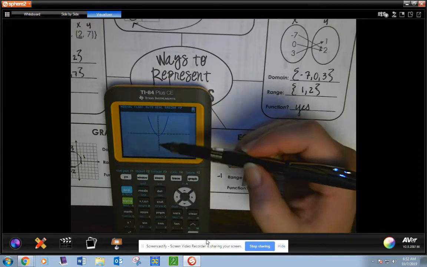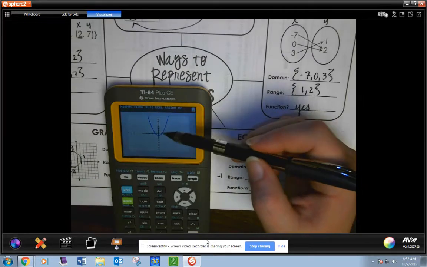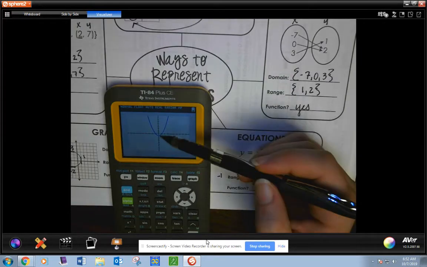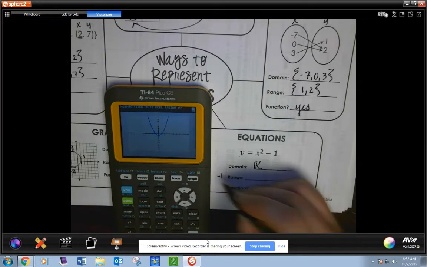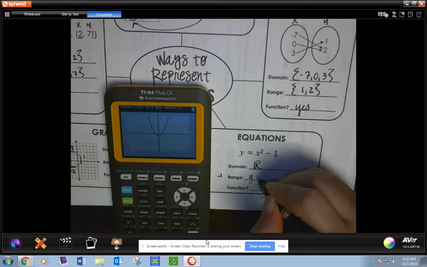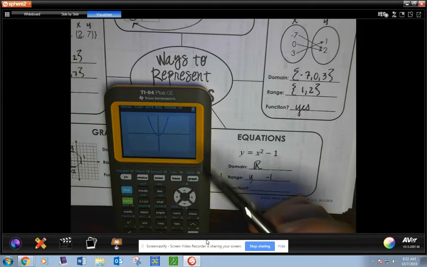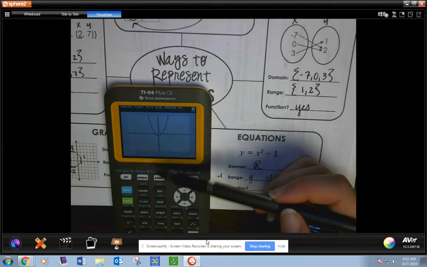And then I'm going to scan up and see how high it goes. Remember, as we went left and we went right, we were both going up. So therefore, this goes up forever. The only limitation that this has is that -1. So we're going to put Y, leave a small gap, and then -1. Now, what you have to look for is, is the graph going above or below -1?